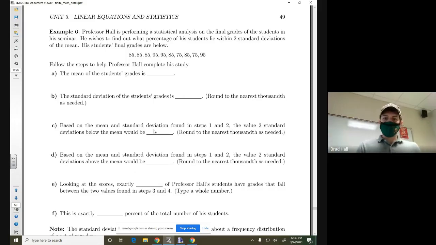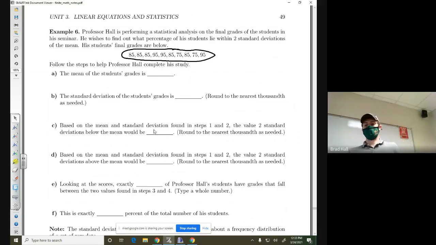So let's look at example 6 here. Professor Hall, no relation to me, is performing a statistical analysis on the final grades for some class and wants to find out what percentage of his students lie within 2 standard deviations of the mean. So to start this problem off, there's a data set.